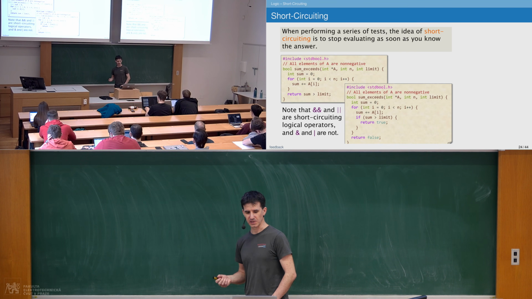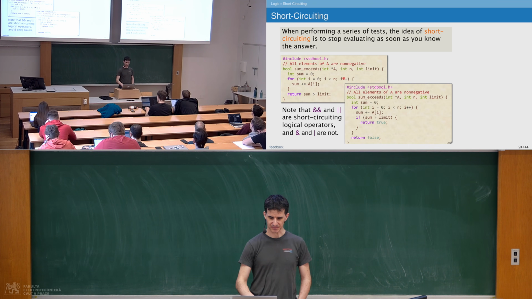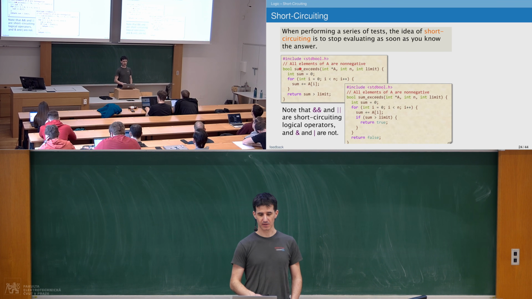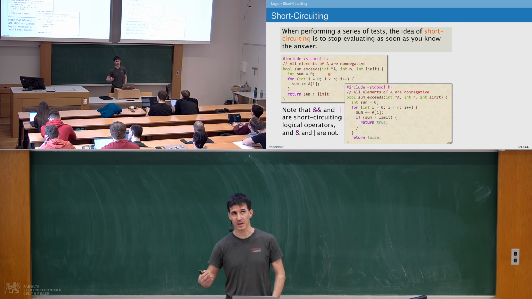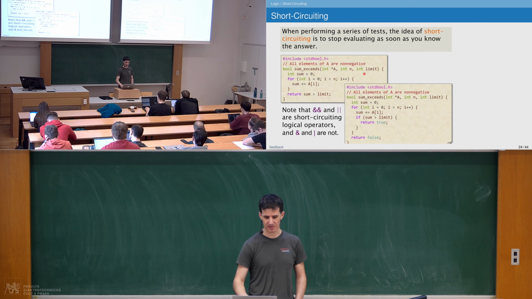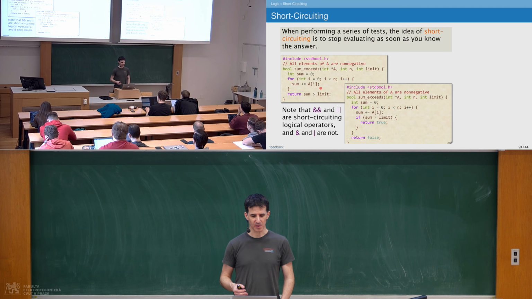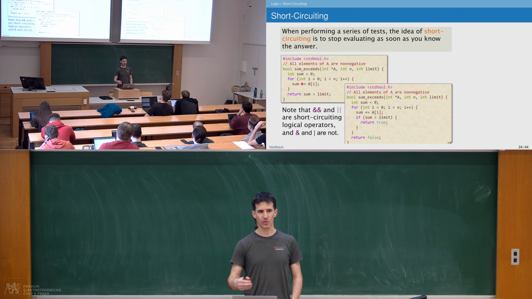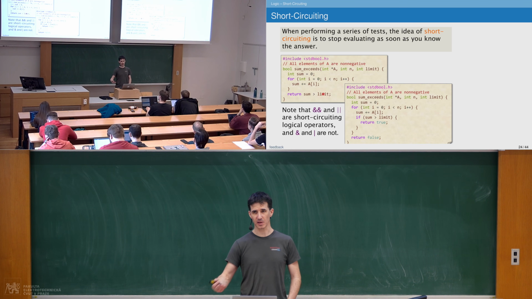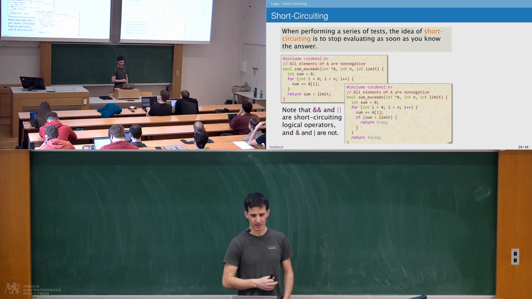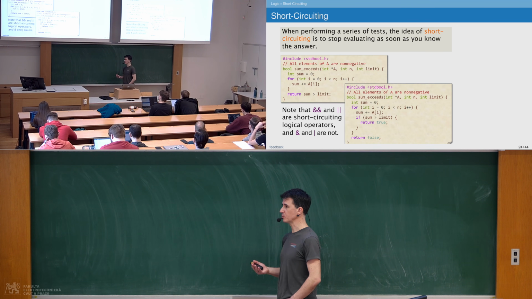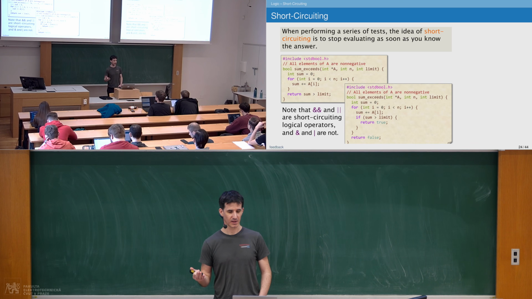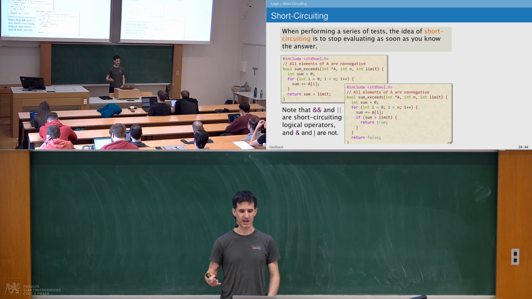Another thing, short-circuiting. Imagine you have a function which checks whether the sum of elements in an array exceeds a certain limit. So a naive way to implement it is just to go through all elements in the array, calculate the sum, and then return whether it's greater than the limit or not. On the other hand, you don't always have to go through the whole array to know the answer.